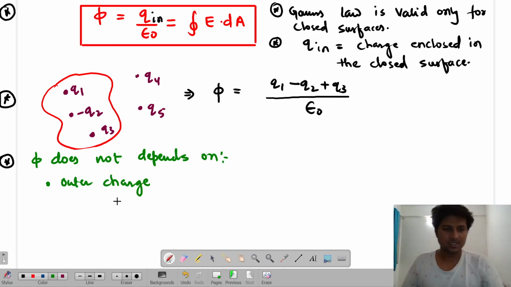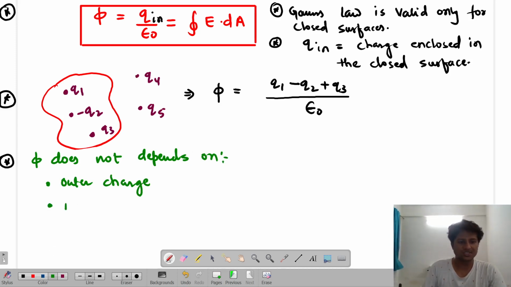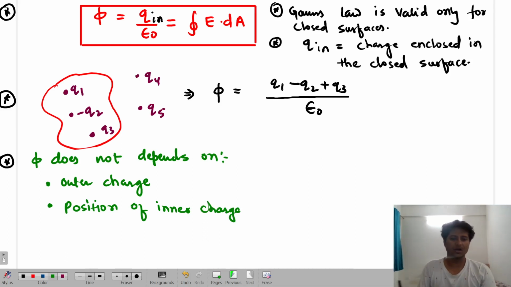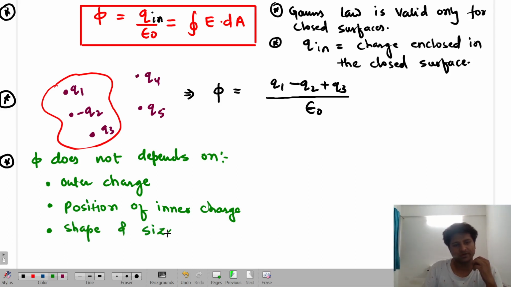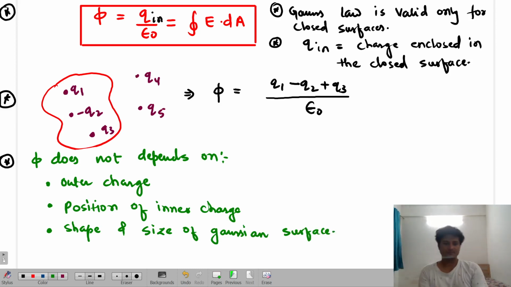Second thing, position and size or position of inner charge, it does not matter. Because it's an imaginary surface we are counting. Third thing, flux does not depend on shape and size of Gaussian surface. That's what we discussed earlier, because it's an imaginary surface. Is that clear? Are you able to get me?